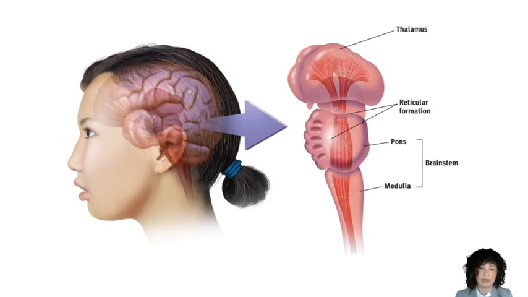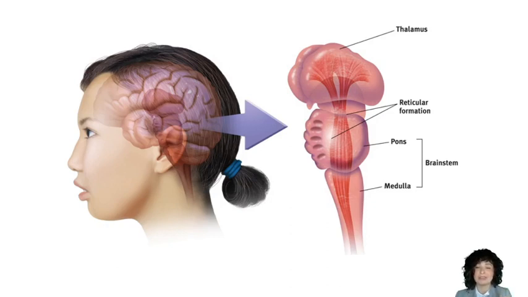It's also, because it's old, going to be the simplest, most basic functions, right? In order for us to be alive, we need a heartbeat, we need to breathe, we need some blood pressure. We need some really basic stuff to be happening.